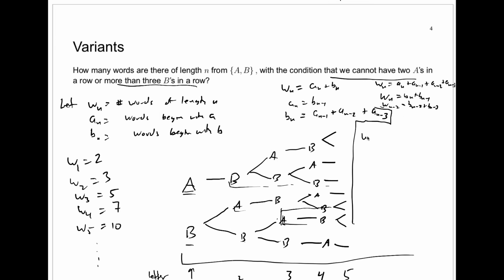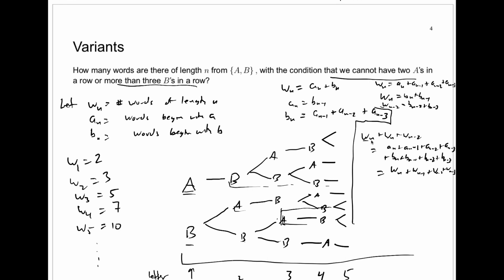So when I take w n and add to it both of these, plus w n minus 2, I get all of these a's and all of these b's. That's a n plus a n minus 1 plus a n minus 2 plus a n minus 3, plus I have b n plus b n minus 1 plus b n minus 2 plus b n minus 3, which is exactly a n plus b n. That's w n plus the next is w n minus 1 plus w n minus 2 plus w n minus 3.